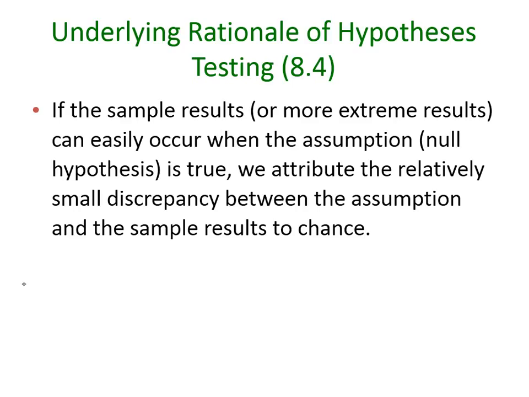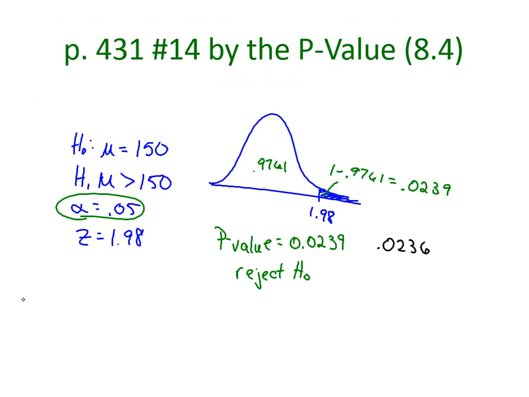So if I have said that the mean was 150, which is when I'm going to get my z-score to be 0, and I went out and weighed these bears and they turned out to be 155 pounds instead of 150 pounds, well, if you found the z-score for 155 pounds, it's going to be close. You're probably looking at a z-score of like 0.2 or something like that. It's going to be a little bit above it, but not a lot. That happens by random chance.